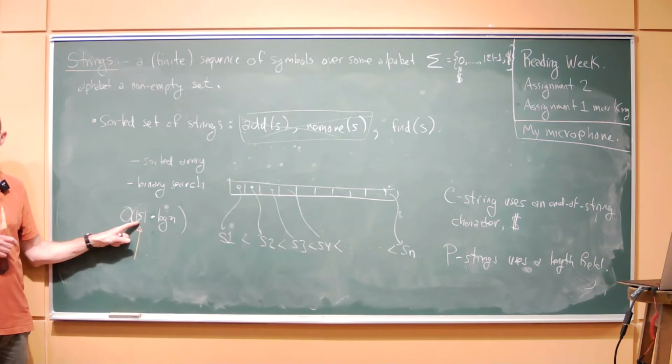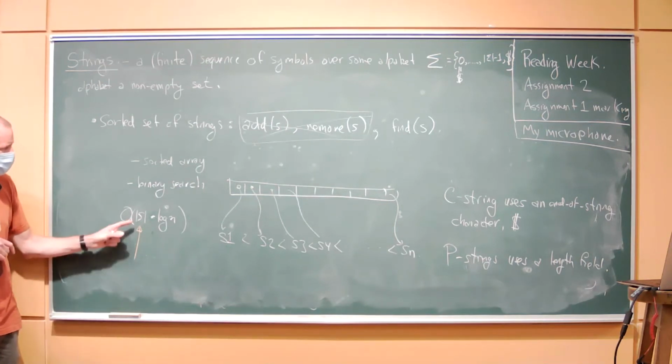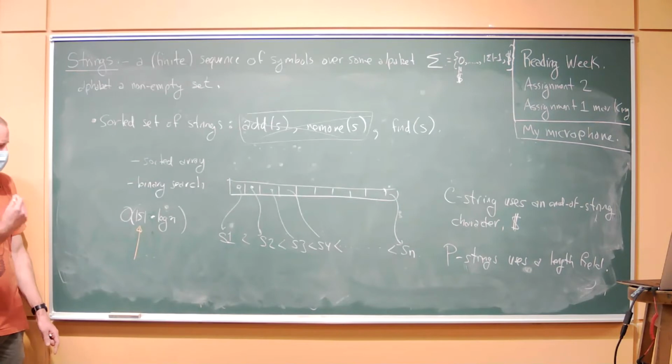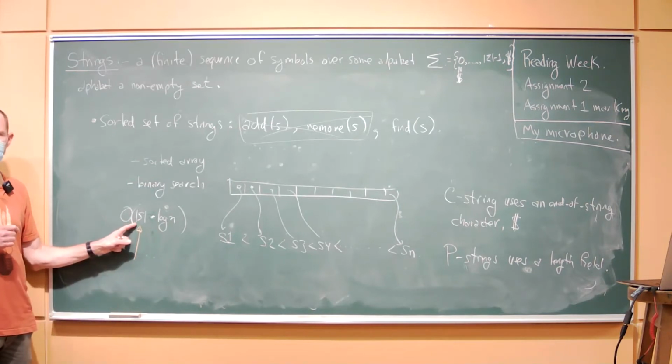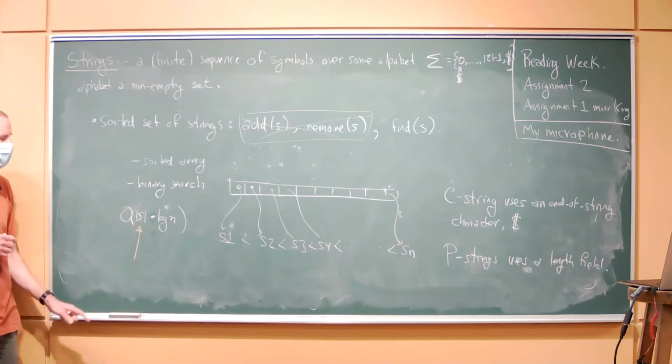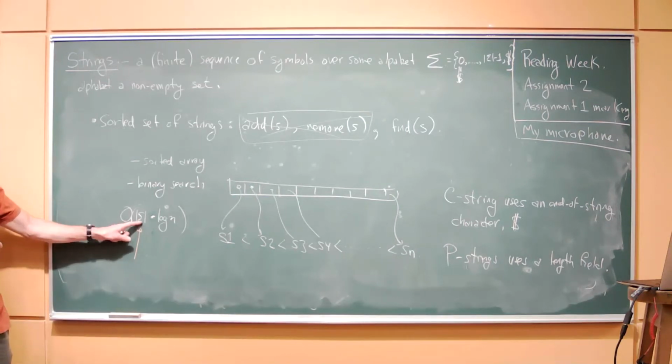To search for something, we have to at least look at the whole thing. Just to verify that it's equal to something in the set, you have to read the whole thing. Otherwise, you have no chance of knowing that. So this looks like it's required.